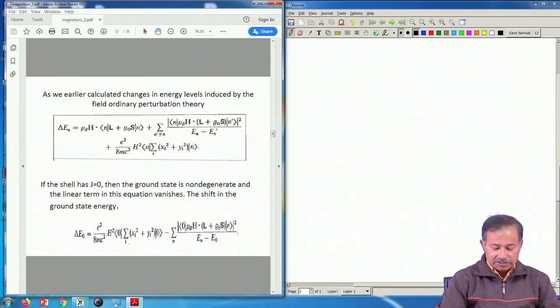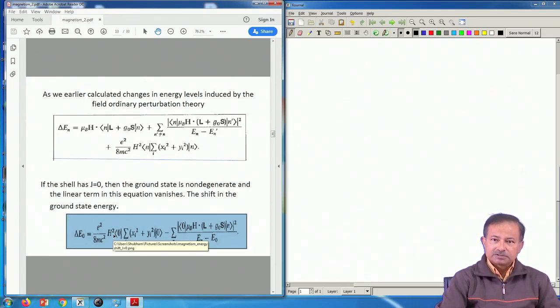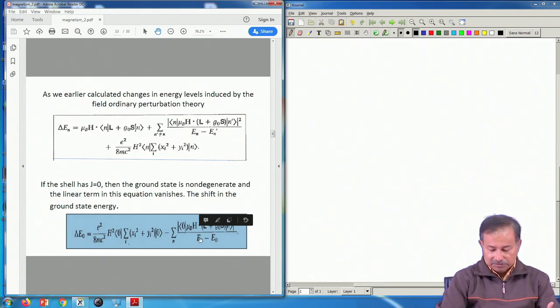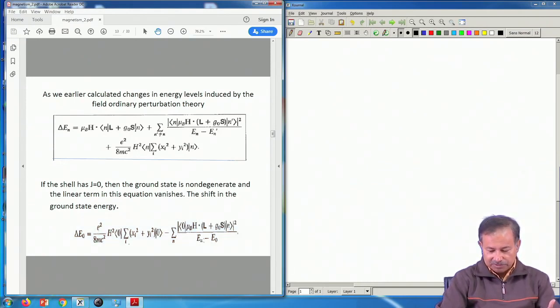This term, as we find, gives an energy which is positive, that means the free energy contribution is positive, that means the susceptibility will become negative, whereas this one has a contribution which is negative. And look at how it is written. It is negative because now we have changed the denominator. Here the denominator was E_0 minus E_n, whereas we just took the minus sign here and wrote E_n minus E_0.